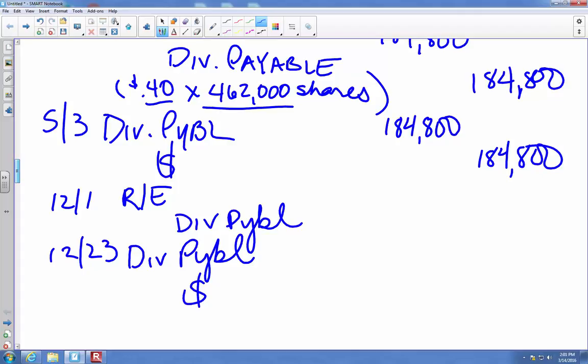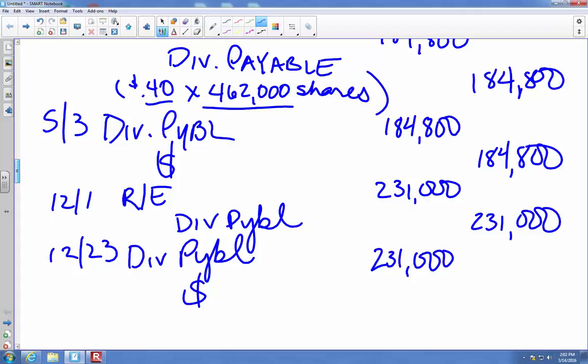How much is it? 231. Could we have done any of this without a stock register? Having this info, yeah. Because you don't know how many shares you're paying on. And if you missed something like the split or the stock dividend, it'd be very easy to get these calculations wrong.